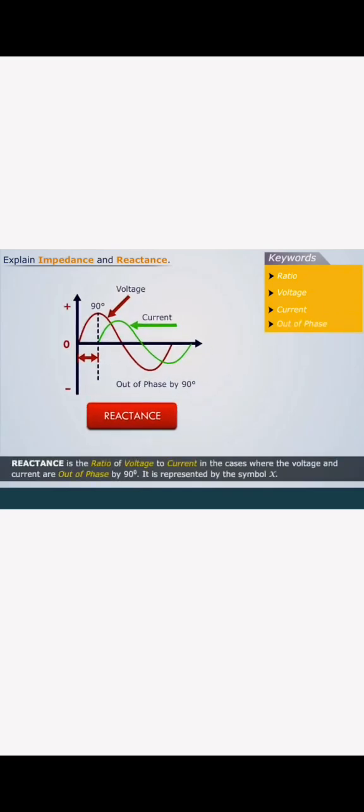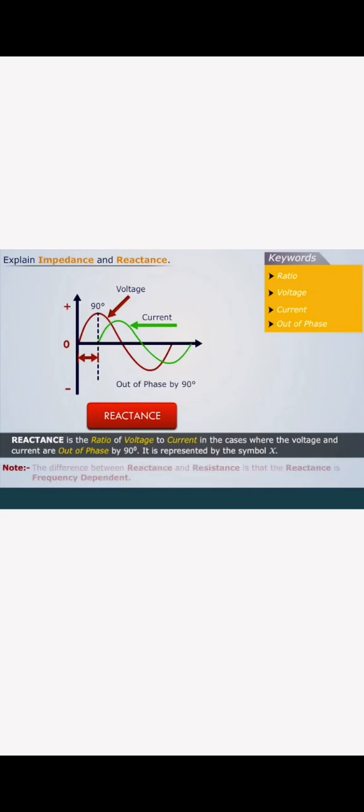Thus, reactance is the ratio of voltage to current in the cases where the voltage and current are out of phase by 90 degrees. It is represented by the symbol X. Note that the difference between reactance and resistance is that reactance is frequency dependent.